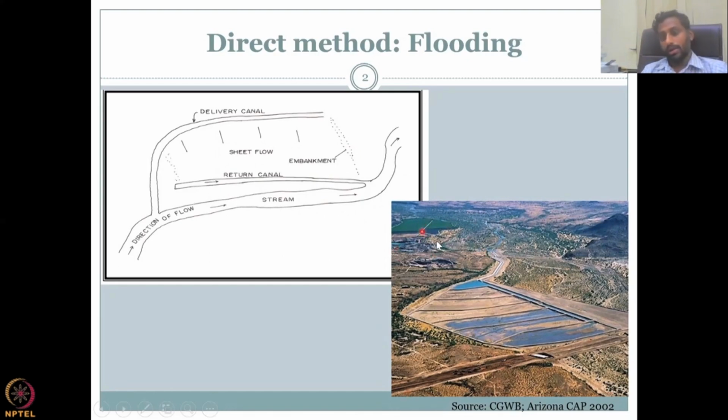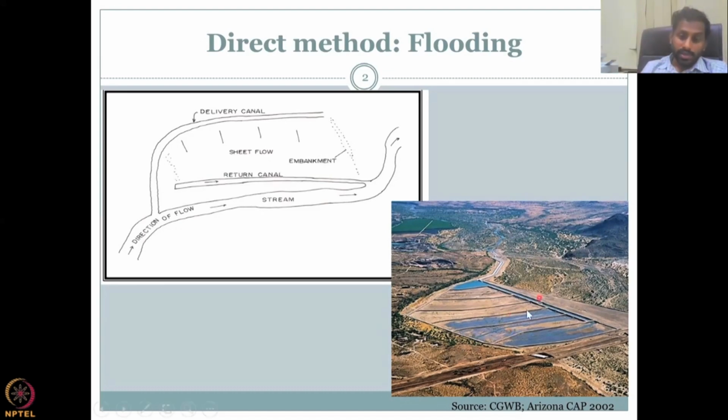You can see a big agricultural area right downstream of the canal. So water is coming in and then it goes through this canal and it gets recharged. It goes back to the main supply channel and goes out. Okay. And what they've done is they've kept this area so that water can spread as a good sheet on top, and that sheet recharges the groundwater up to a particular level and then goes off.